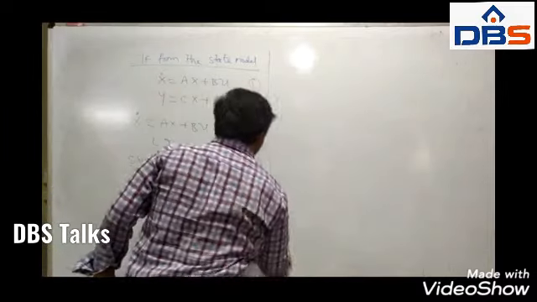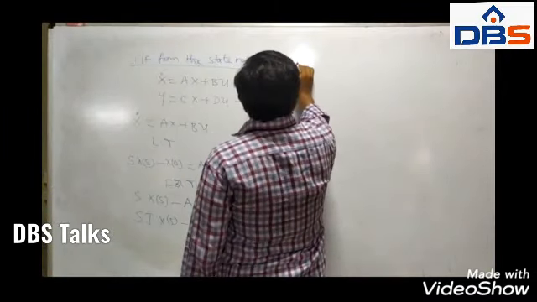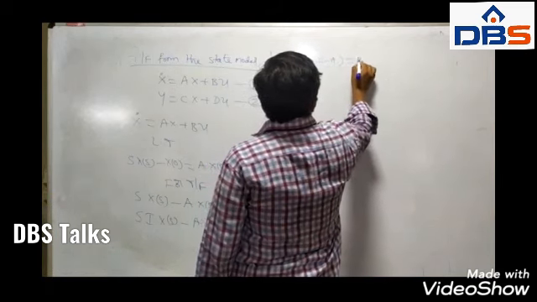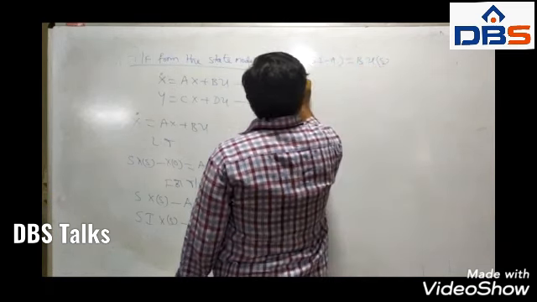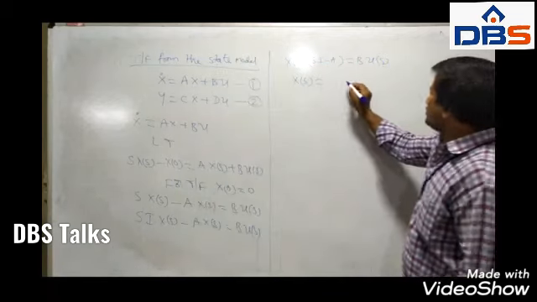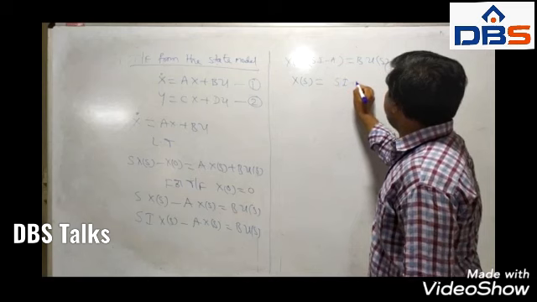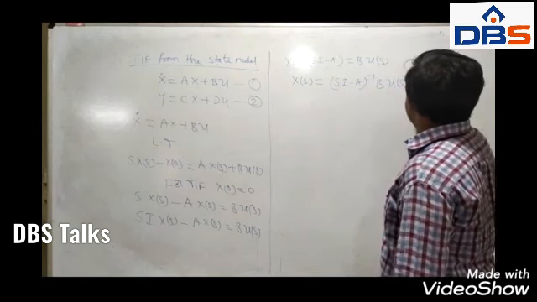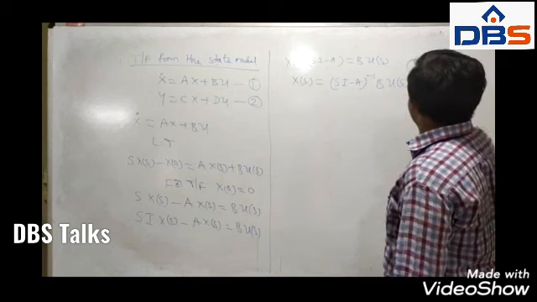Taking X of s as common factor, (sI minus A) X of s equal to B into U of s. So X of s equal to (sI minus A) inverse B into U of s. This is termed as equation 3.